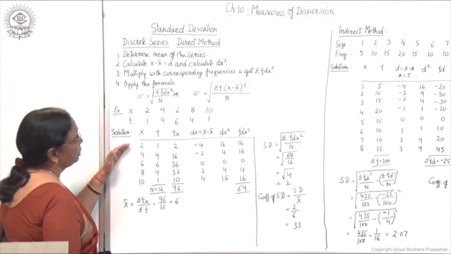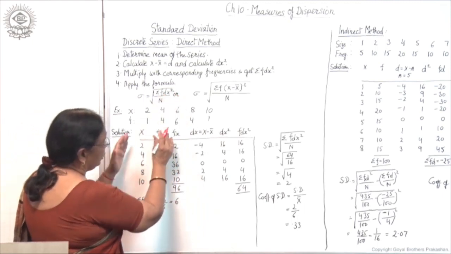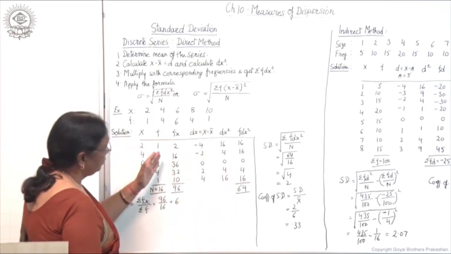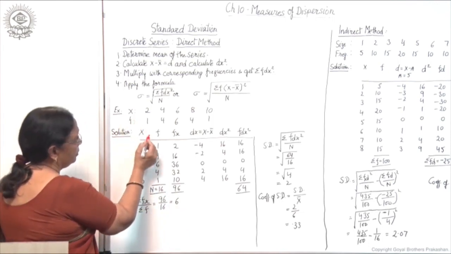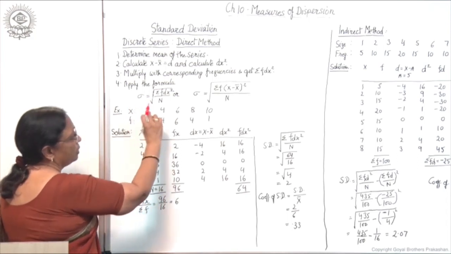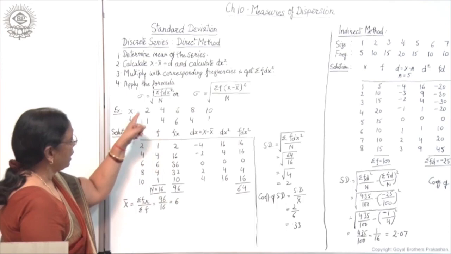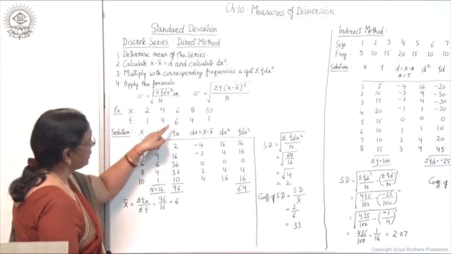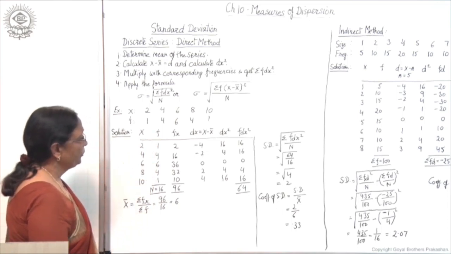Now, for solution, as you have to calculate these values, you will follow particular steps and make different columns. Accordingly, this x column and f column will always be the first two columns, you will copy down the data. X as it is given to you, write down here. F column as it is given to you, write down here. Clear?